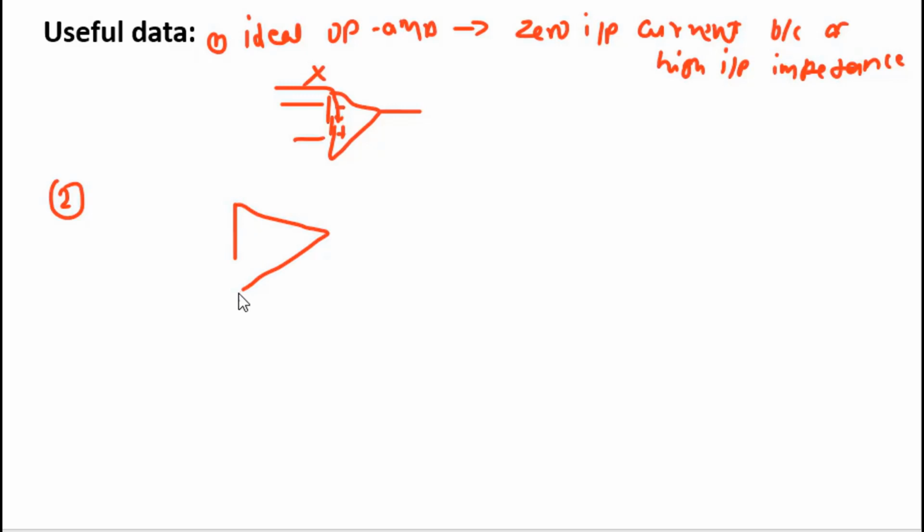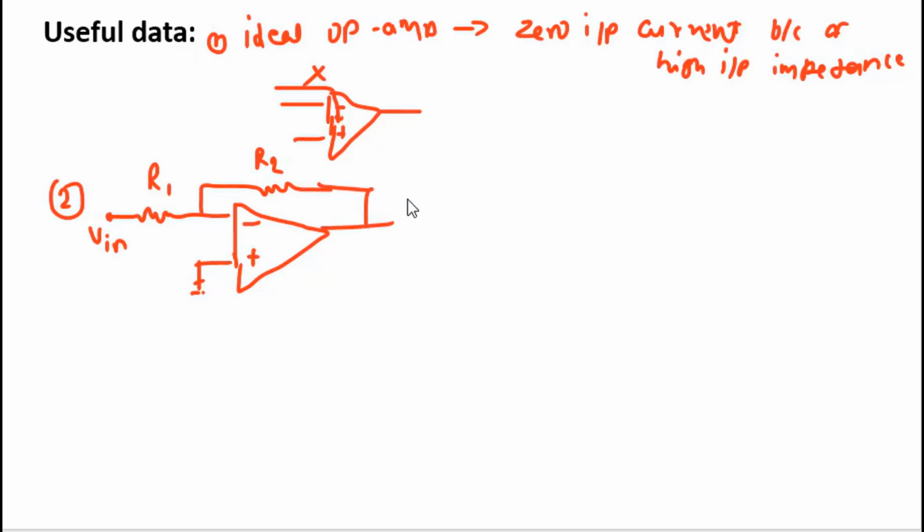The second useful data for this question is the gain of the inverting and non-inverting amplifier. If we are given an inverting amplifier, this is your non-inverting terminal and this is your inverting terminal, which has Vin connected through a resistance R1 and a feedback resistor R2.